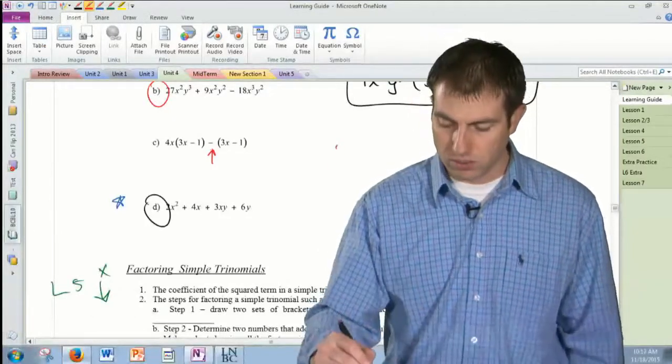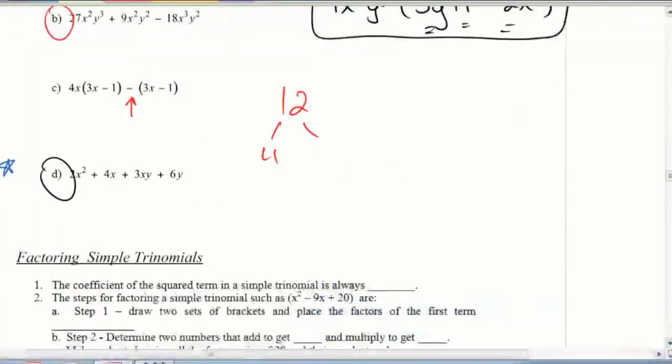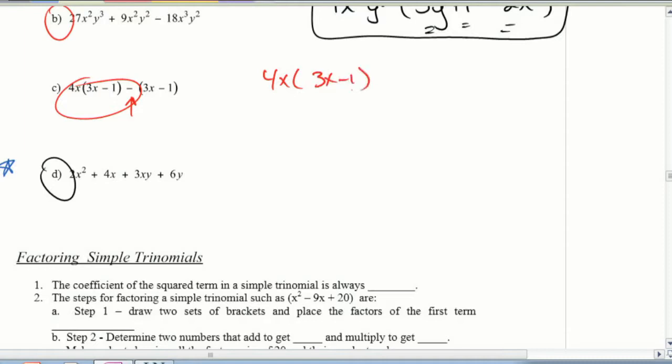Now, we talked about factoring just numbers. If you had something like 12, factor it. Do a factor tree: it's 4 and 3, and then 4 is 2 and 2. So 2 times 2 times 3 gives me 12. Well, same deal here with this 4x times 3x minus 1. What things did you multiply to end up there?